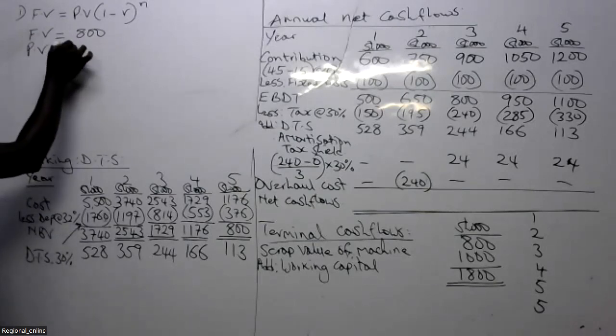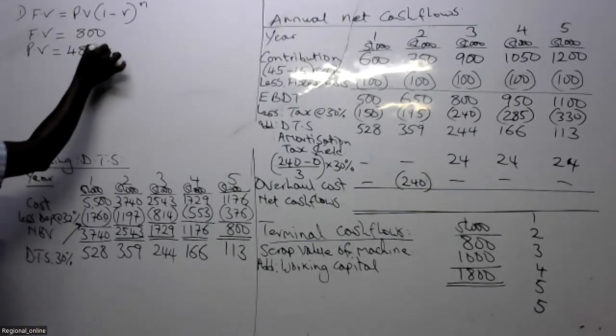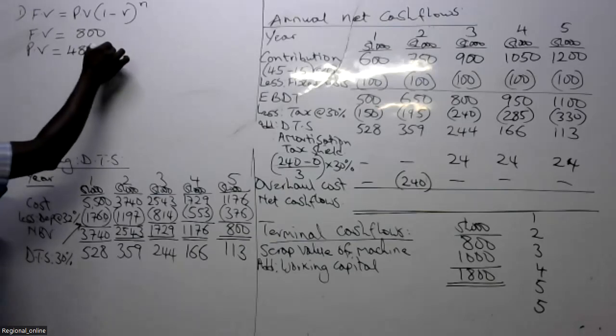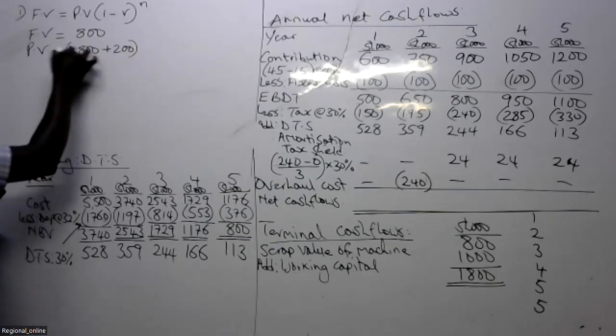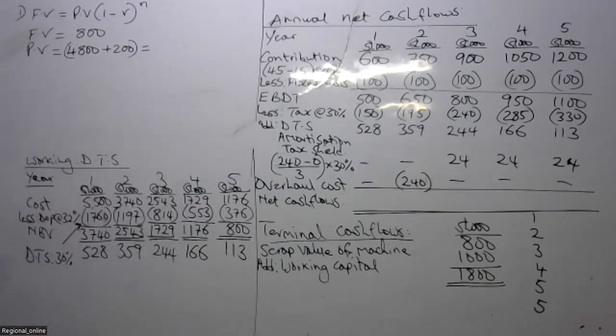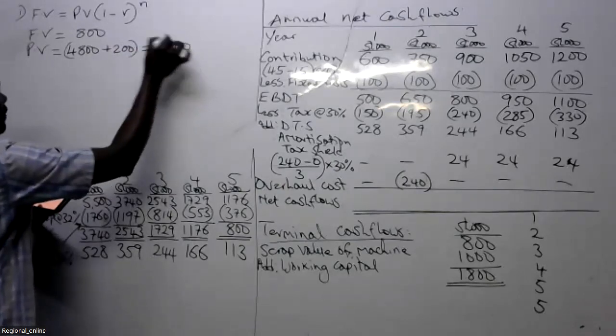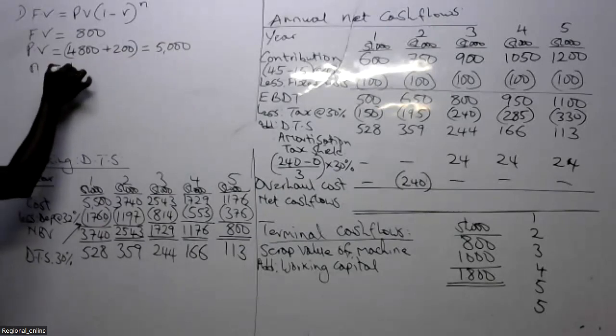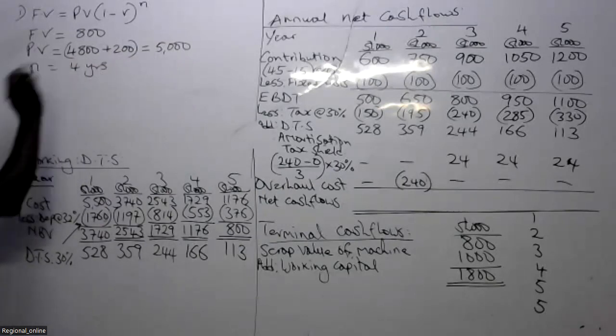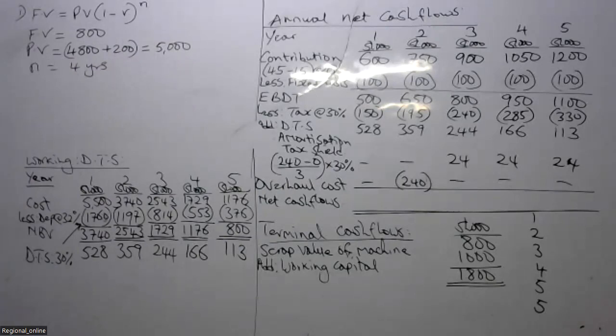Incidental costs are capitalized, so that is part of the total cost of the machine. So the present value is 5,000, for how long? Can you get R? That's all. Don't cheat one another.